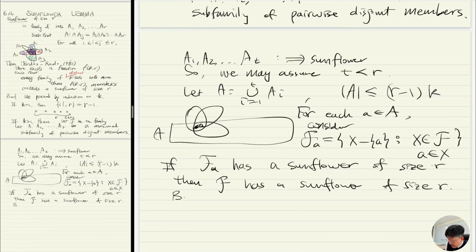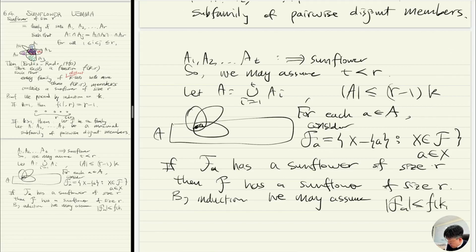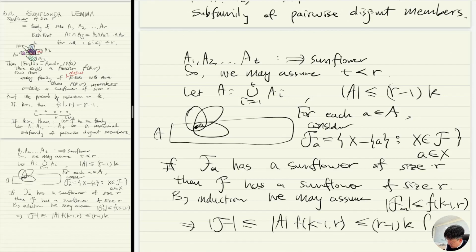So that means by induction, we may assume F_a has size at most f(k minus 1, r). So this means that the size of F is at most the number of elements in A times f(k minus 1, r), and the size of A is at most (r minus 1) k.